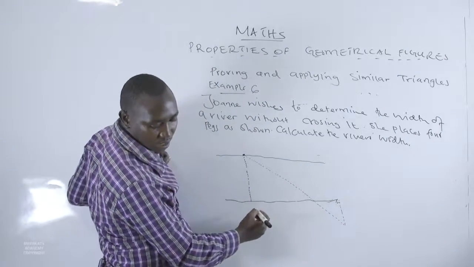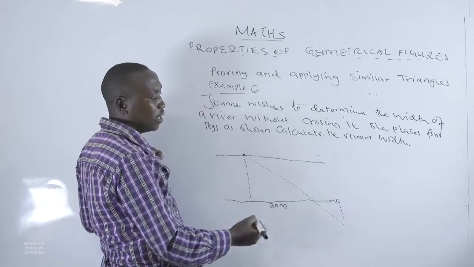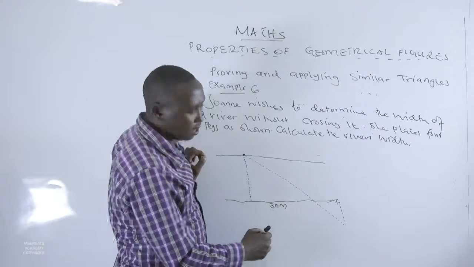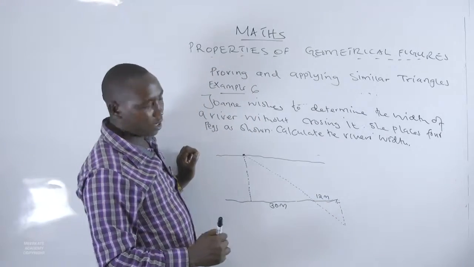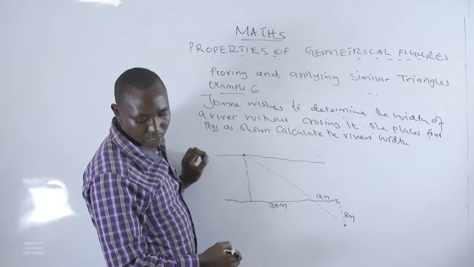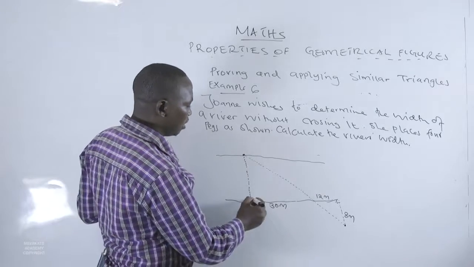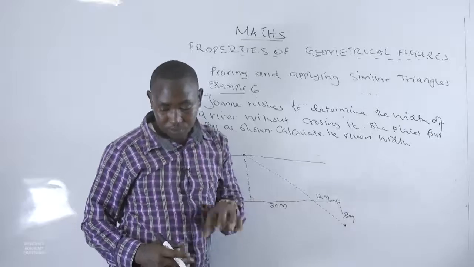We are told that this is 30 meters. So this one she can do without crossing. This is 12 meters. She can do without crossing. This is 8 meters. And of course that is 90 degrees. This other one is 90 degrees.